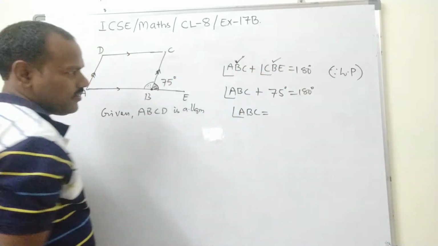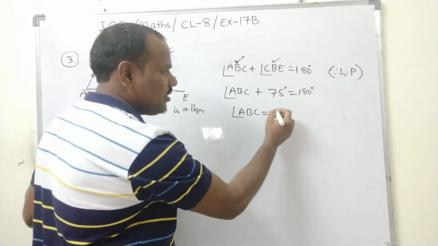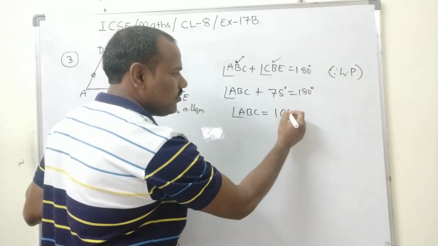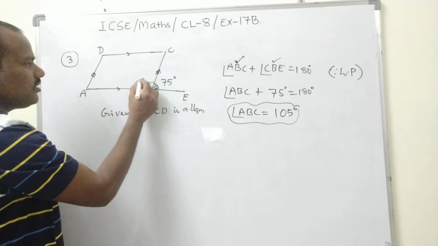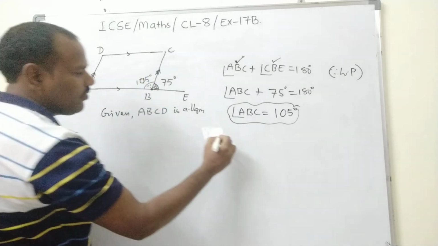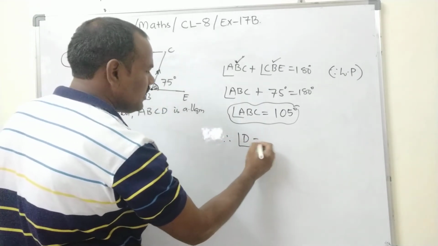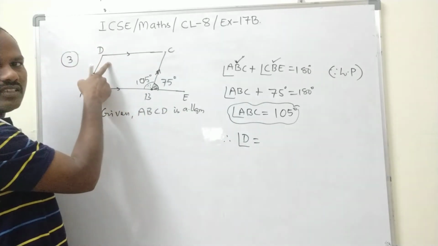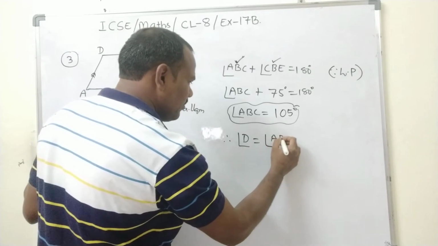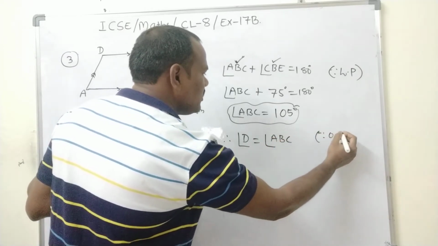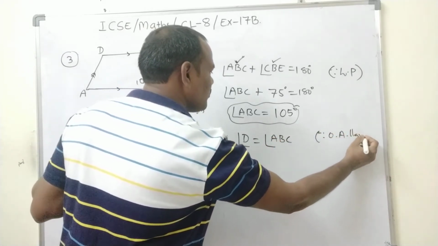Done. Angle ABC means this is 75, this is 105 degrees. So therefore angle D is equal to this angle, angle D equal to angle ABC. Why? Opposite angles of a parallelogram.